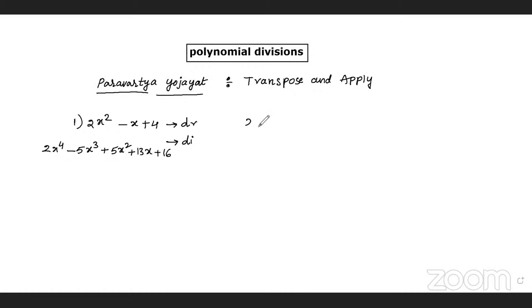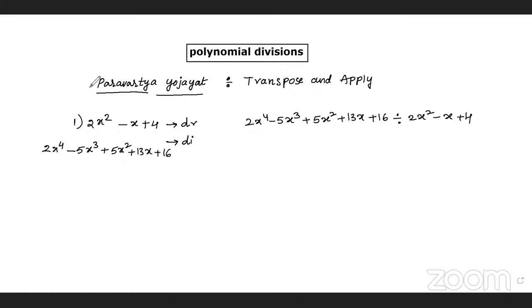The question is like this: 2x power 4 minus 5x power 3 plus 5x square plus 13x plus 16 divided by 2x square minus x plus 4.